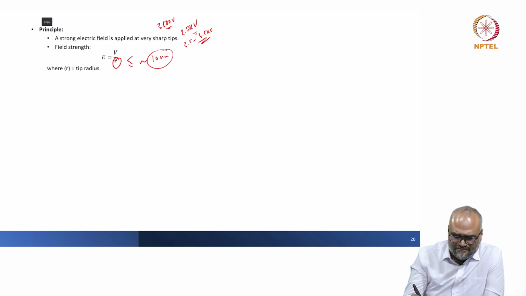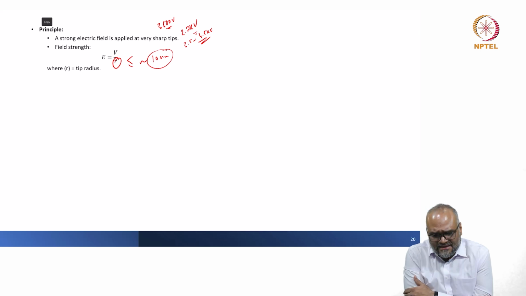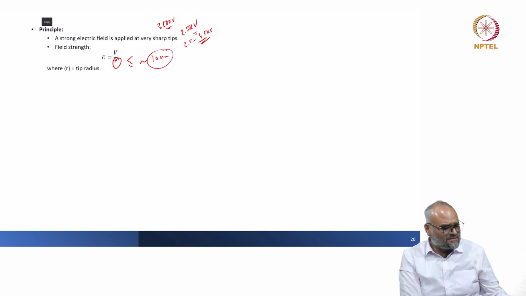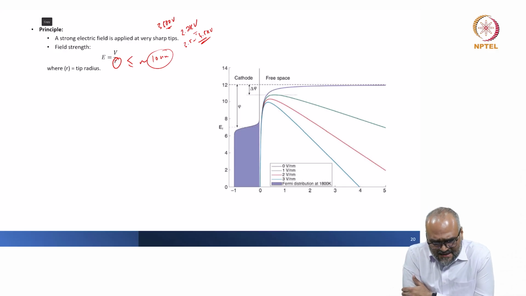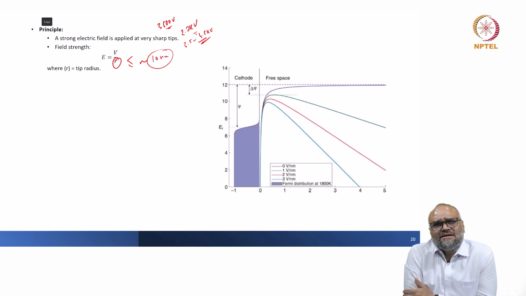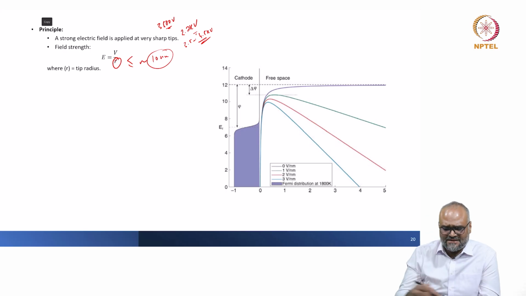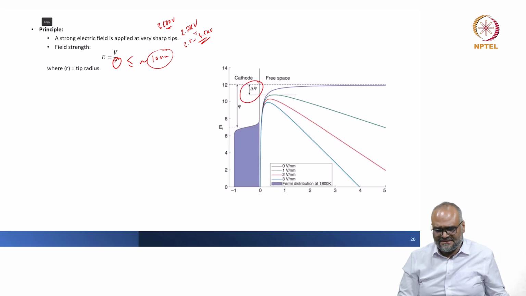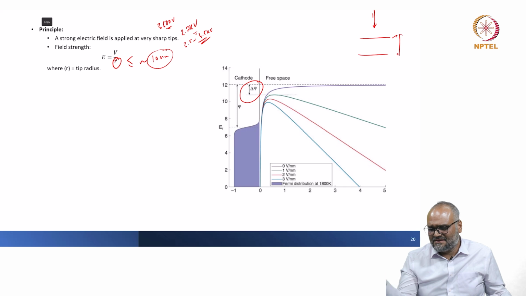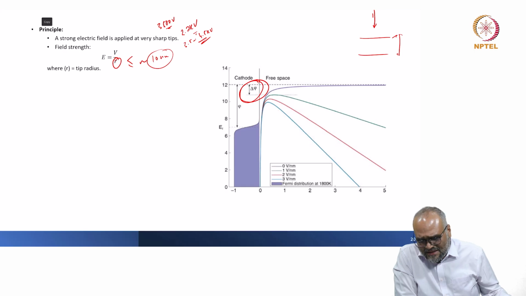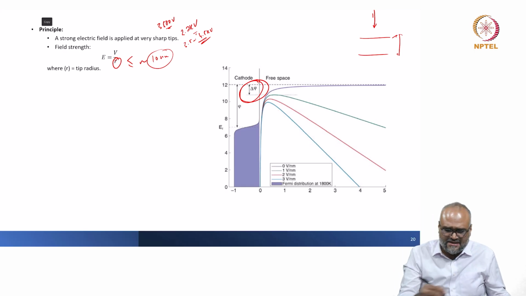It is of the order of a few 10,000s of volts per nanometer. And what happens here is, when I have such a high field being applied, and I also have the effect of the anode that is kind of lowering my work function barrier, this particular anode which is present in front of the fine tip. So if here is my cathode and I have a series of anodes here, this anode is actually kind of helping me lower the work function barrier as well. This is actually called the Schottky effect.